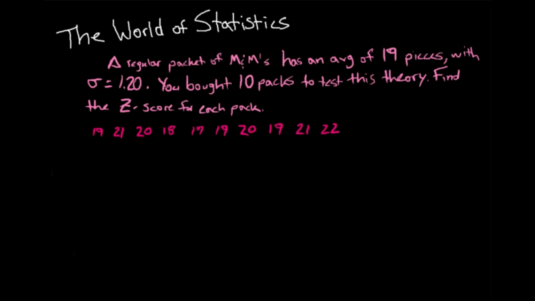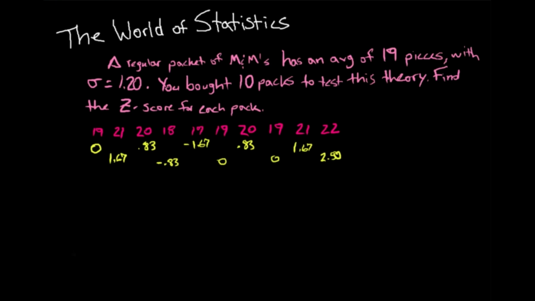Our average is equal to 19, and our standard deviation was given to us, which is 1.2. Now we have everything we need to use the z formula: z equals our observed minus our average, divided by the standard deviation. Let's calculate the z-score for all 10 of these packs.